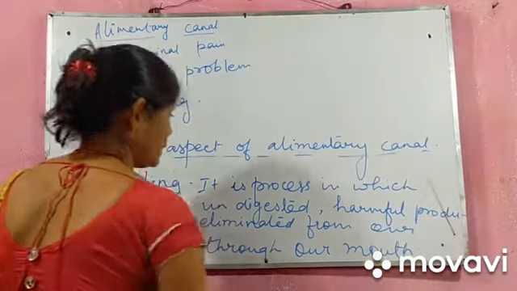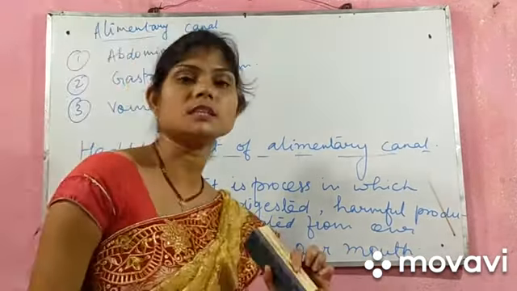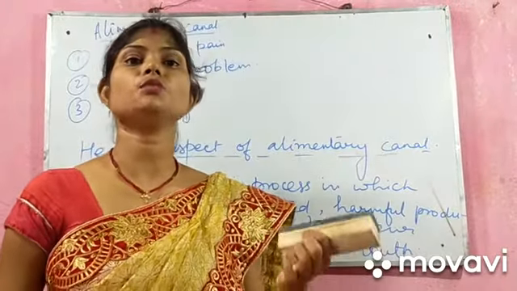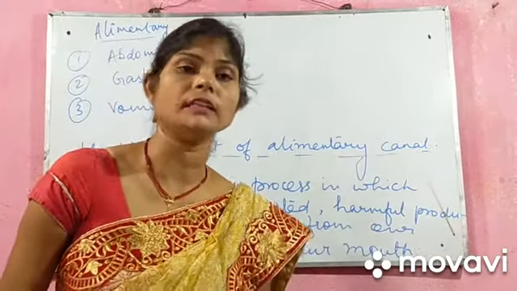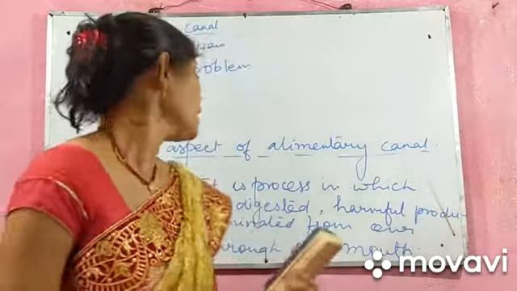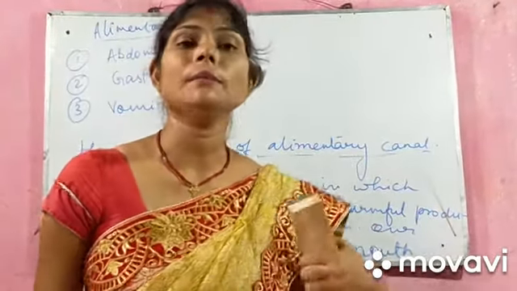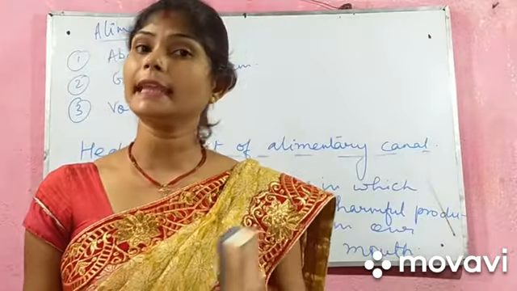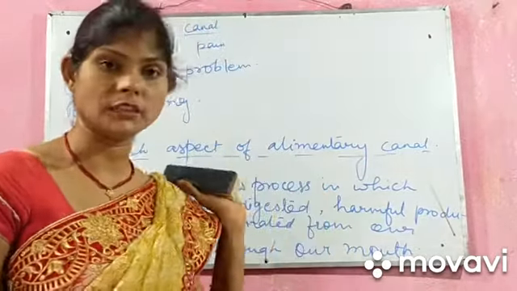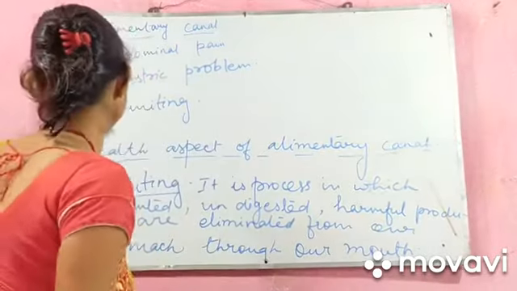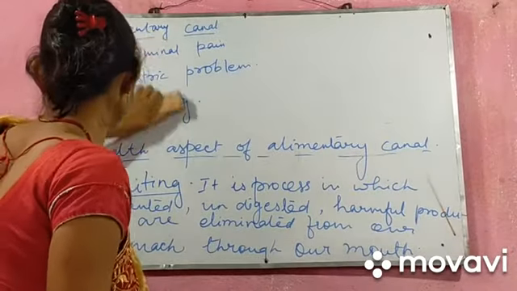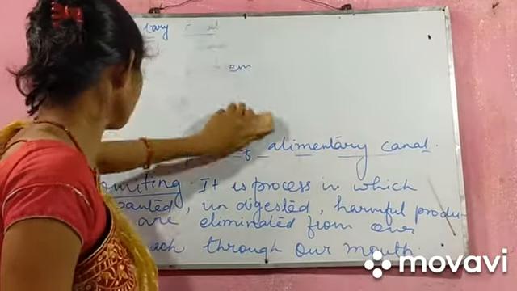This is called vomiting. So vomiting is the process in which the harmful substances which are not digested properly by our intestine and liver are eliminated, so that we can get rid of these harmful or undigested substances and we will not feel any type of pain.